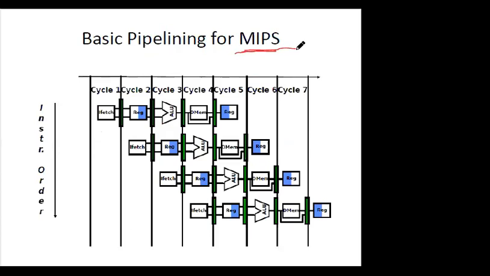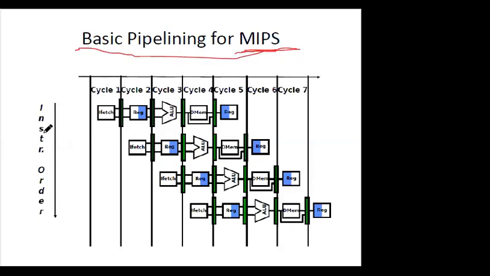RISC, we have discussed previously in our lectures. RISC is reduced instruction set computer, and ISA is instruction set architecture. So this is the basic pipelining method for our MIPS system.